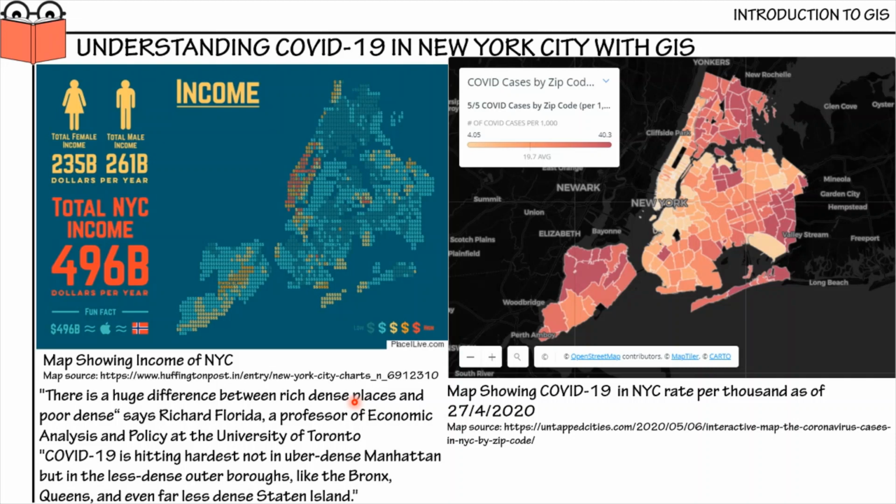People are working, they can afford good healthcare, they can afford good supplies, they can still stay at home and take care of their daily needs. So if you look at the income here, Manhattan is sort of filled with people who earn really well, they're self sufficient. Whereas if you see probably this area of Staten Island, not so great.